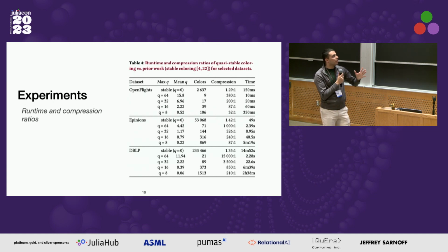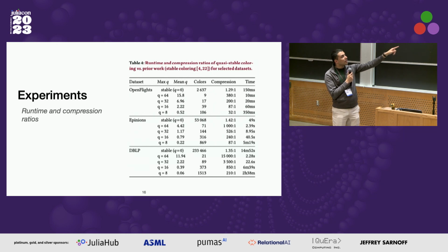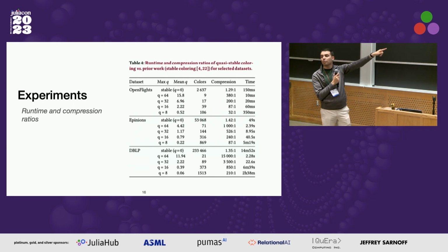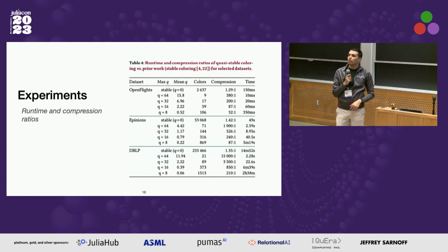So you have 300,000 nodes, you only get 200,000 colors. But with our approach, what you do is you start at the highest error, say 64, right? And you refine downwards. And you can choose to trade off runtime for compression. So if you really need maximum error of 8, you might wait 2 hours. But if you can do fine with 32, you might stop at 20 seconds. Cool.